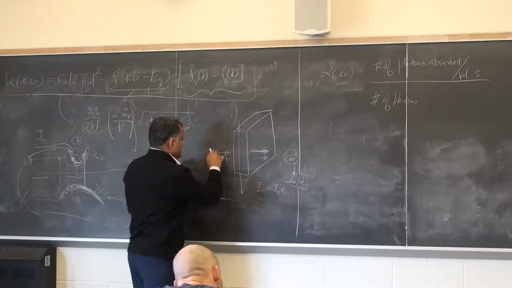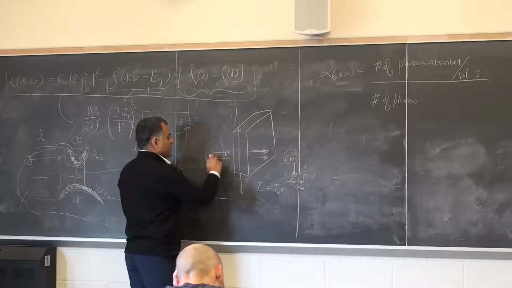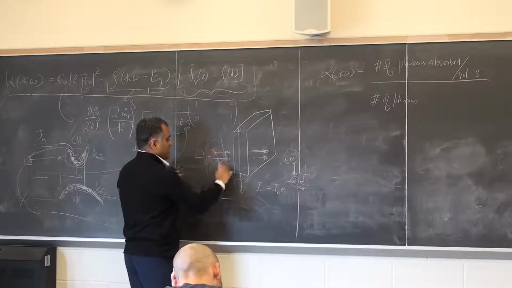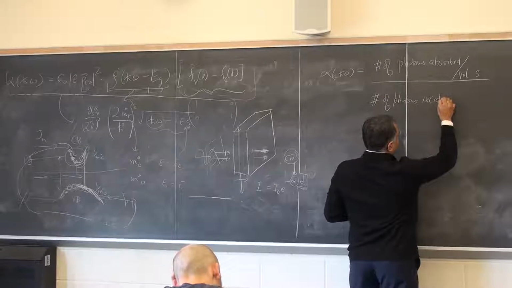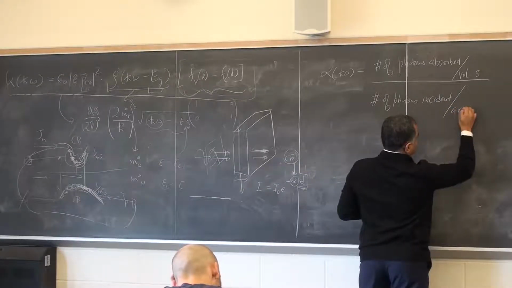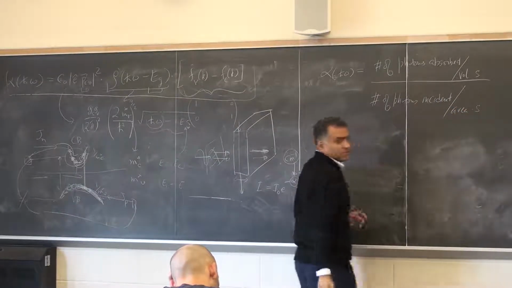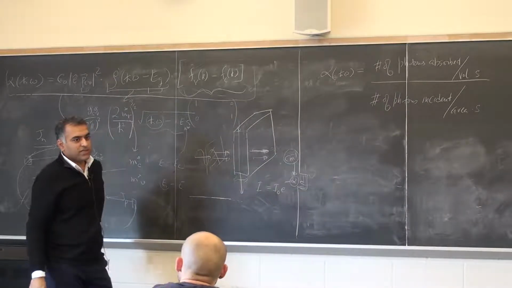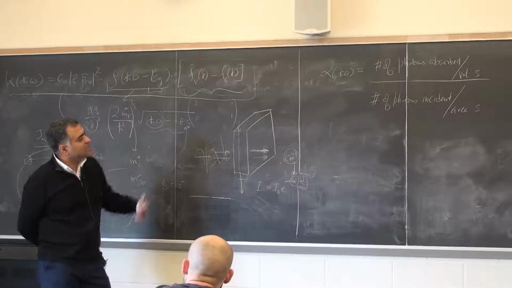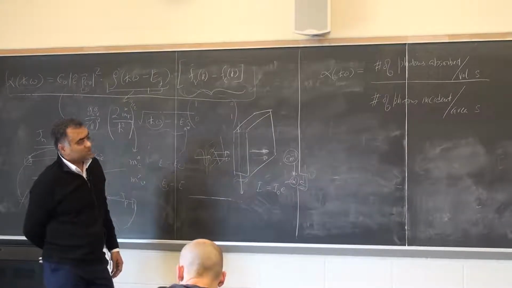This is going to be a plane wave moving in this way with an oscillating electric and magnetic field. So number of photons incident per area per unit second. That's the physical way of writing the absorption coefficient, and that is the way we are going to use.